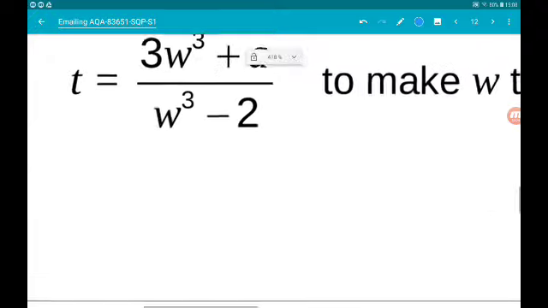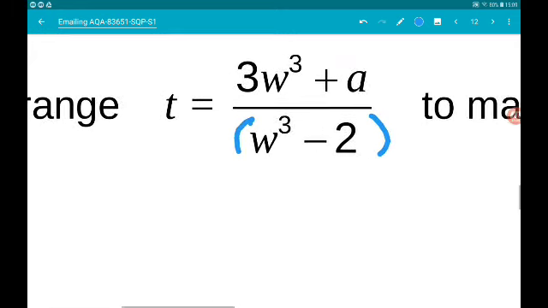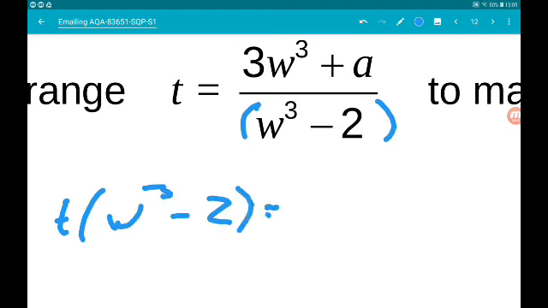So first step is to multiply through by the bottom of the fraction. So that's going to give us t times w cubed minus 2 is equal to 3w cubed add a.